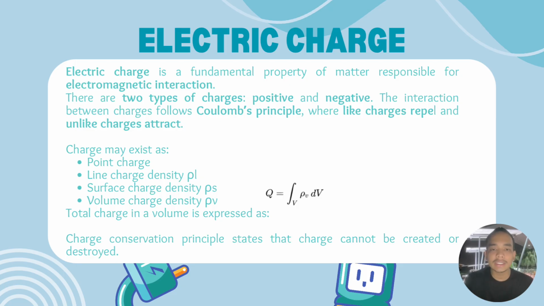The total charge in a volume can be expressed as Q equals the volume integral of rho v dV. Charge conservation states that charge cannot be created or destroyed, only transferred.